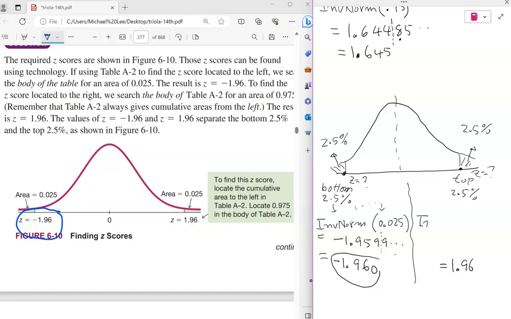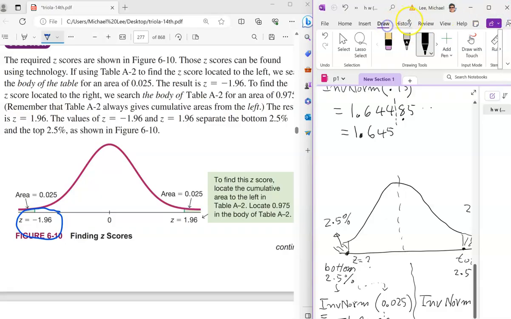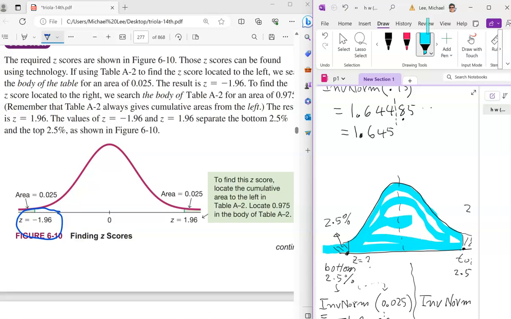So if you try inverse norm, this time you cannot try 0.025. This time you have to try 0.975. Why is that? Because all the area, this is all the area to the left of, all this area.